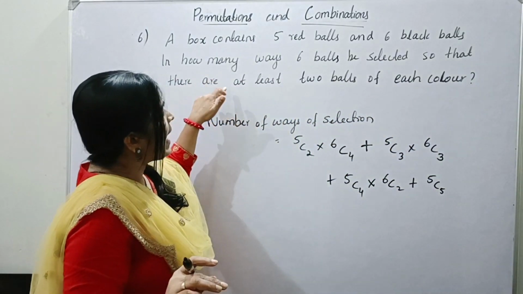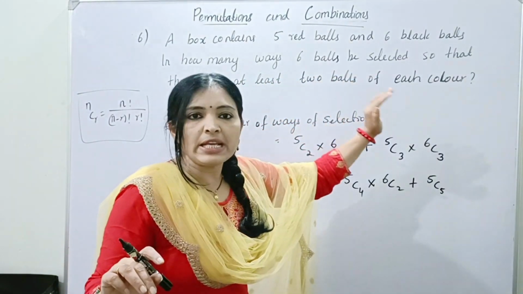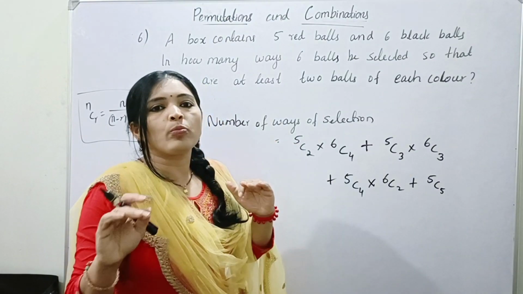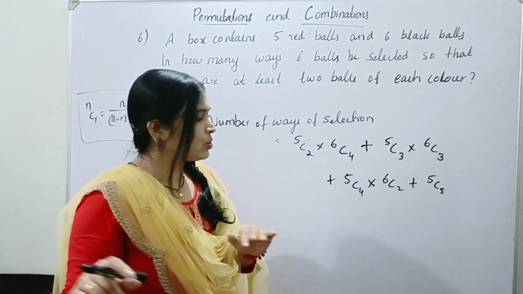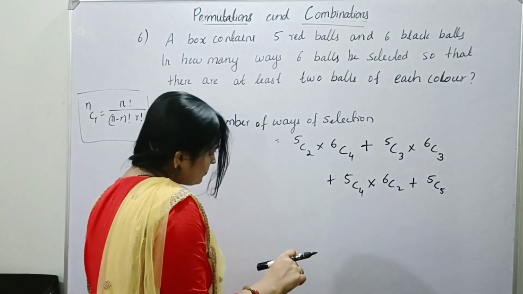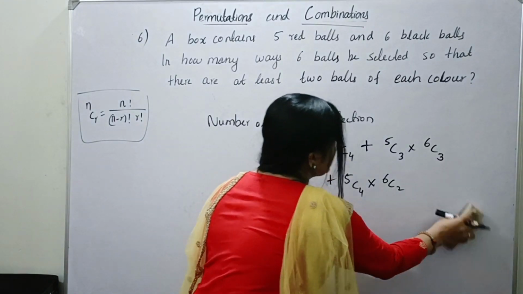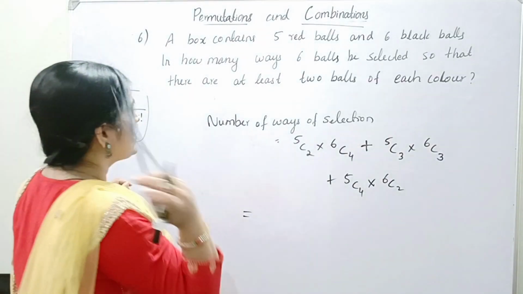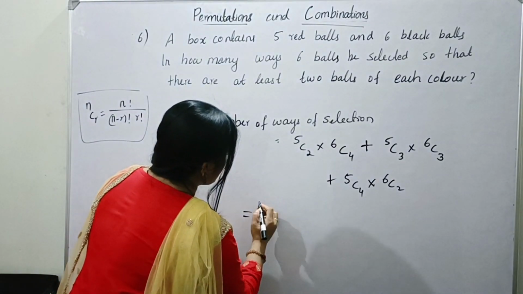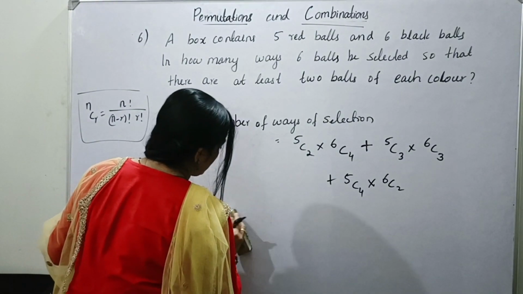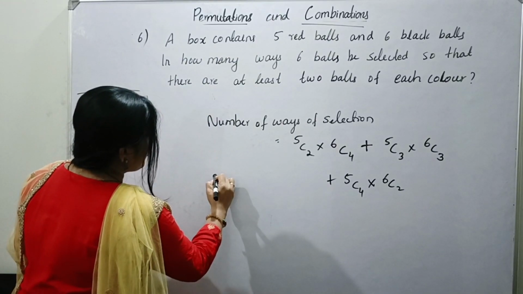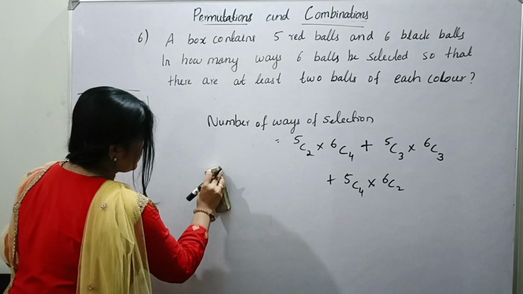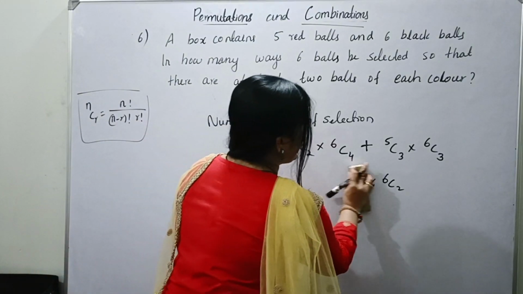It is given that at least 2 balls of each color should be there for each selection. So only 3 combinations. Now let us add. What is the number of ways of selection? 5 factorial divided by, no space, so I will write it here.